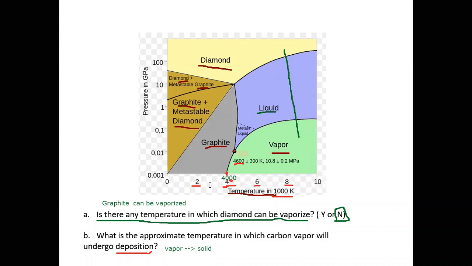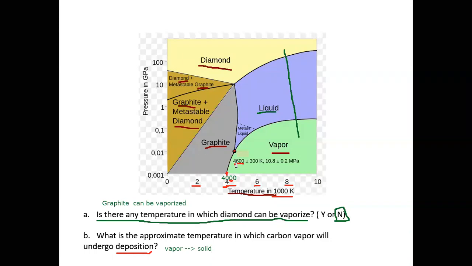So between 4,600 and 4,000, at a very low pressure, and this pressure again is in gigapascals, so it's a low-ish pressure in reference to carbon. So 0.01 gigapascals to 0.001 gigapascals between a temperature of 4,000 to 4,600 Kelvin.